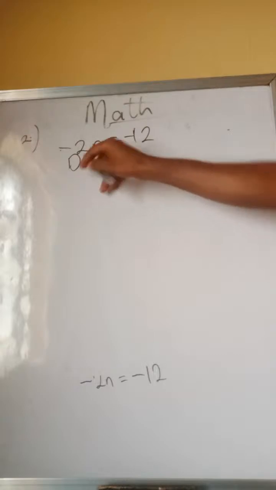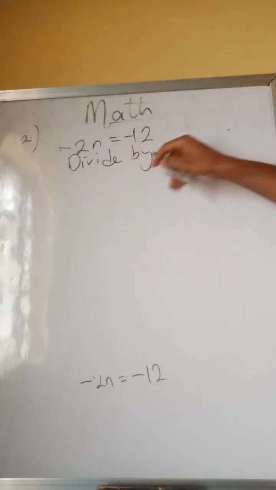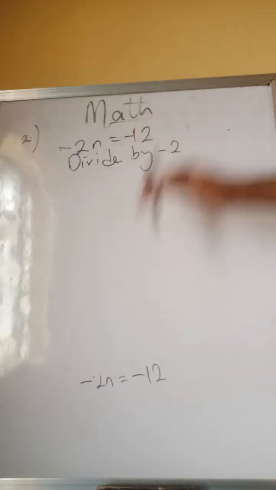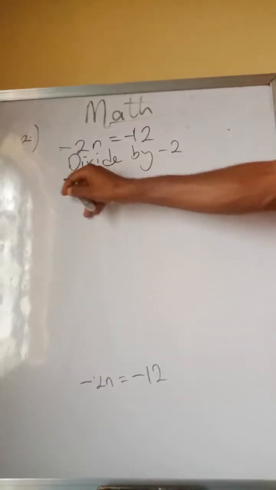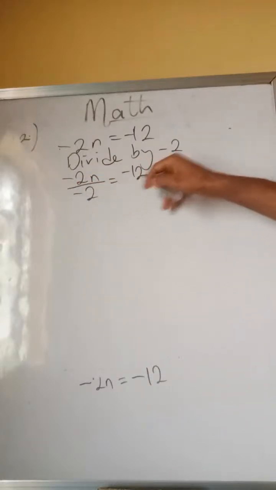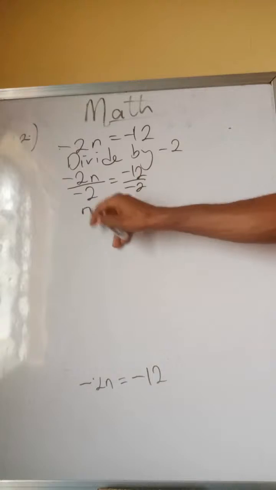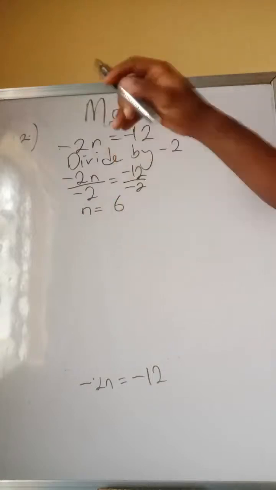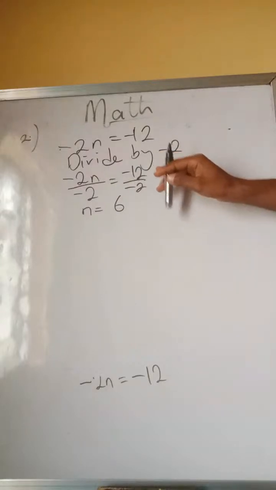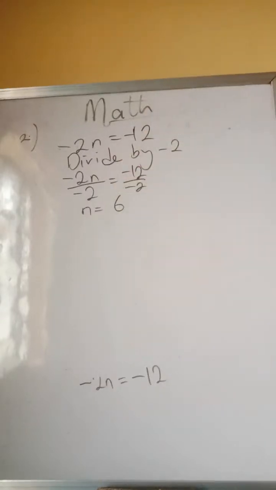And so if I divide both sides by minus 2, yes, you want us to write both sides, but we're still making the statement, the action matters more. So minus 2n over minus 2 is equals minus 12 over minus 2. So your n is 6. Minus divided by minus is plus. And 12 divided by 2 is 6.